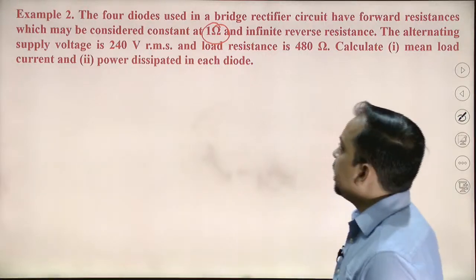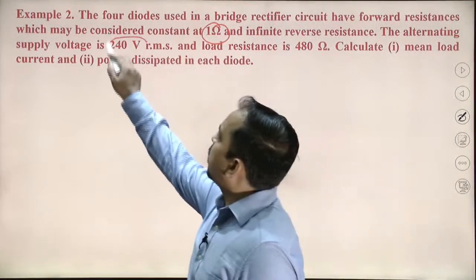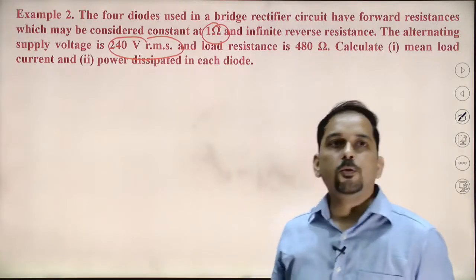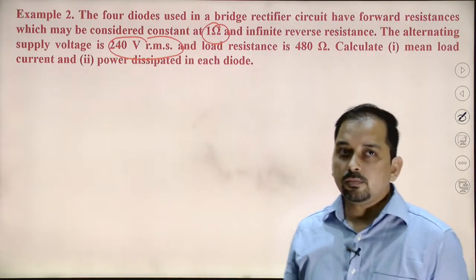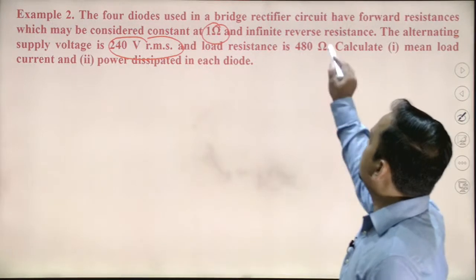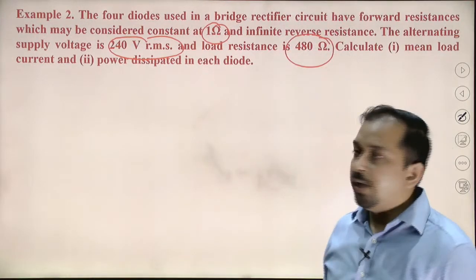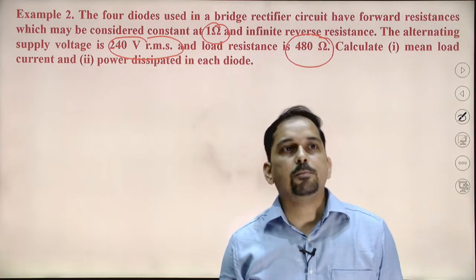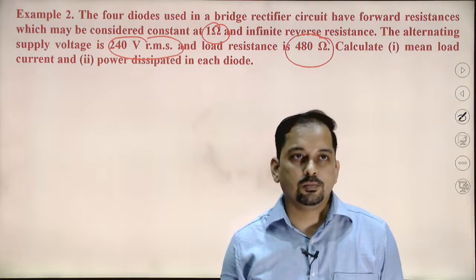The alternating voltage, which is 240 volt RMS, is applied at the input of the bridge circuit. The load resistance here is 480 ohms. We need to calculate the average value of the load current and the power dissipation in each diode.